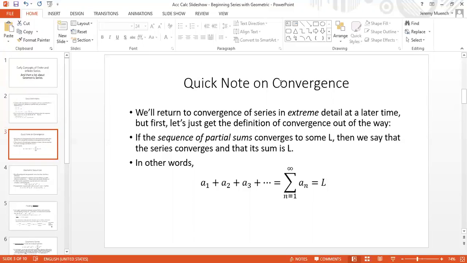So anyway, quick note on convergence though, what it takes for a series to be said to converge. If the sequence of partial sums converges to some limit L, then we say that the series converges and that its sum is L. So in other words, the infinite sum of all of the different terms in a sequence needs to add up to L specifically.